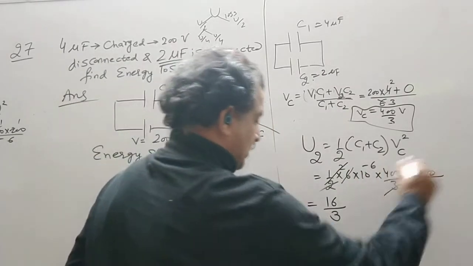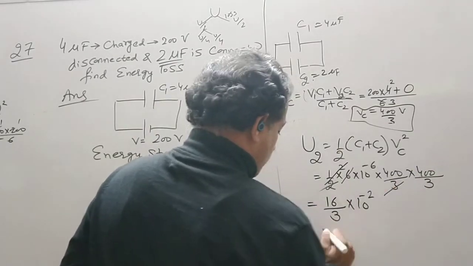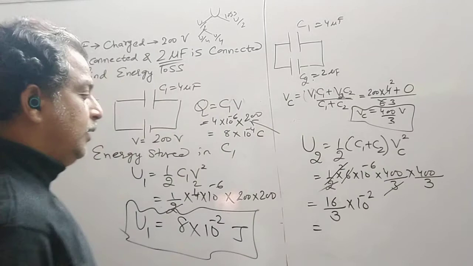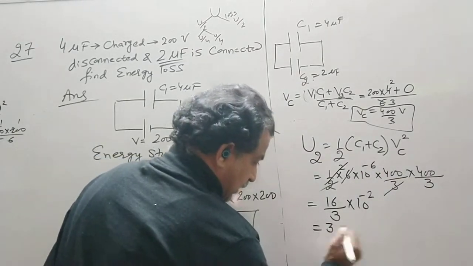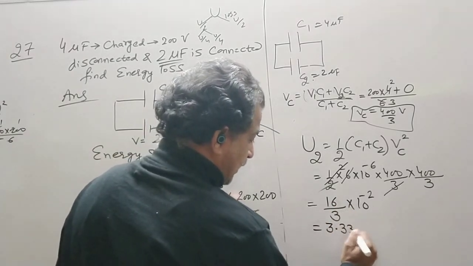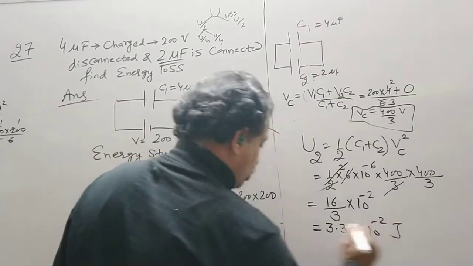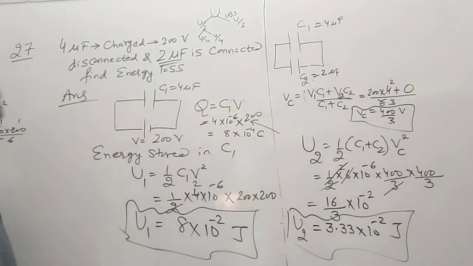And we have 4 zeros, so 16 into 10 raised to minus 2 joule, divided by 3. So it is 3.33 into 10 raised to minus 2 joule. This is my final energy.